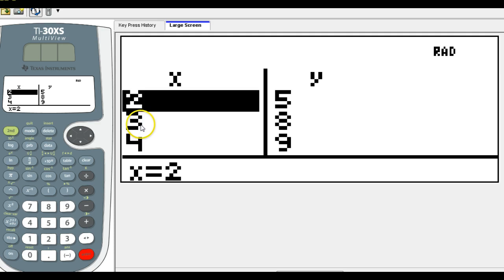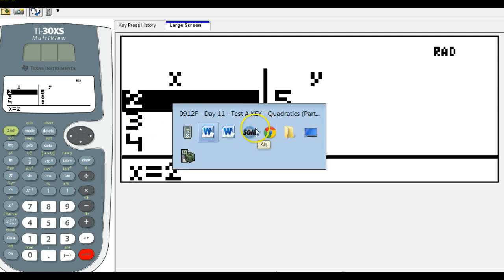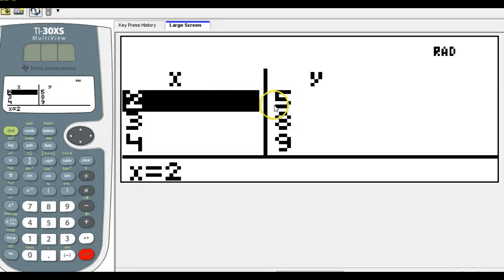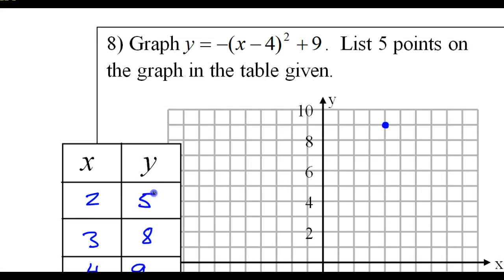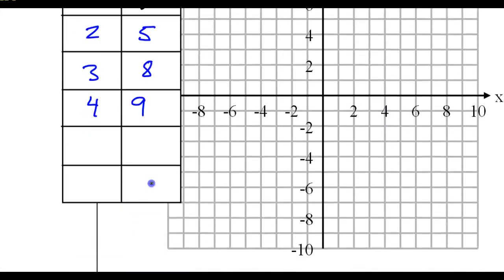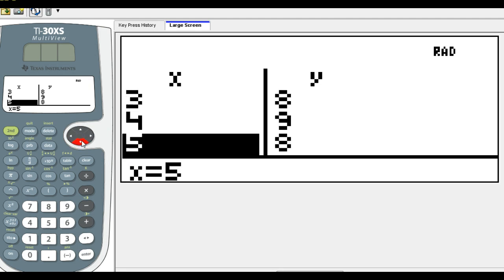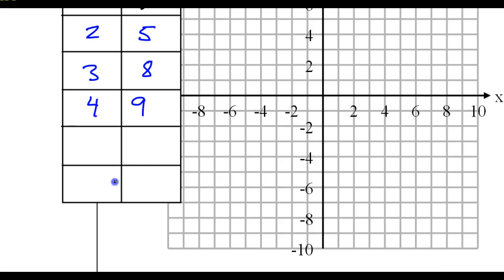To the left of that, I've got 3, comma 8. Okay, so I'm going to have 3, comma 8, and then 2, comma 5. All right, just pulling it all right off the calculator. And what about after 4, 9? All right, I've got 5, 8, and 6, 5.